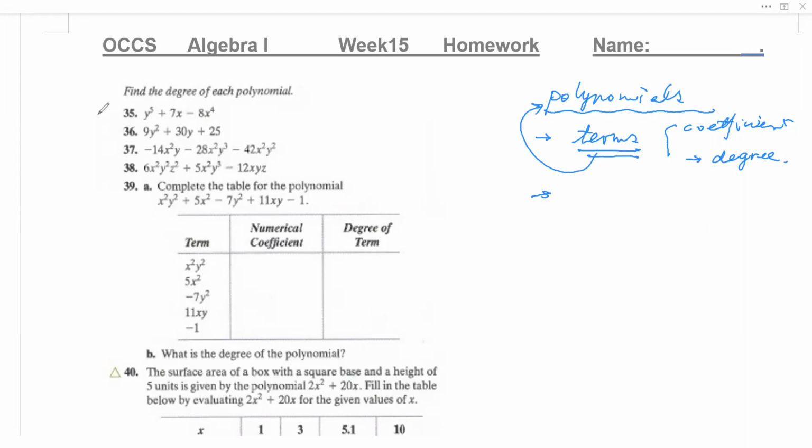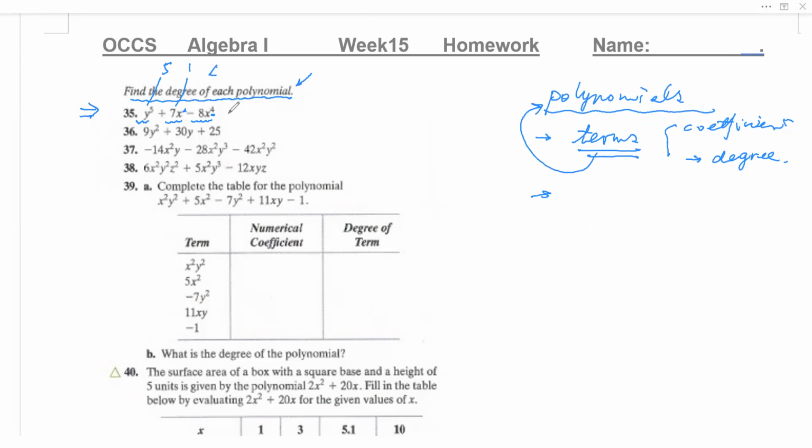Firstly, see this one. Can you guys take your homework and quickly check this one? Find the degree of each polynomial. The polynomial is made of multiple terms, right? Something like this one, made of 3 terms. Each term has its own degree. This degree is 5, this degree is 1 from the exponent, and this degree is 4.